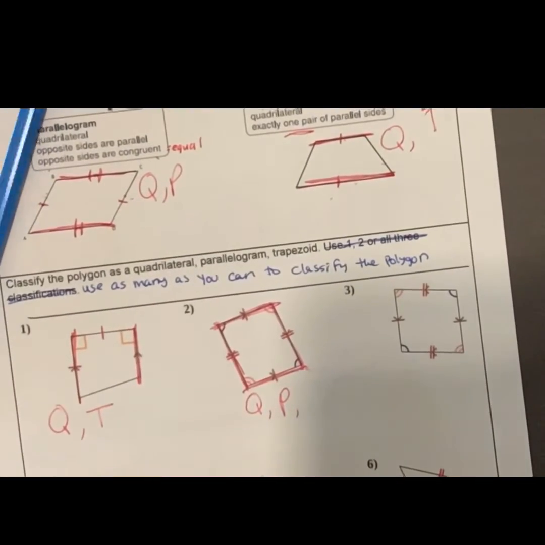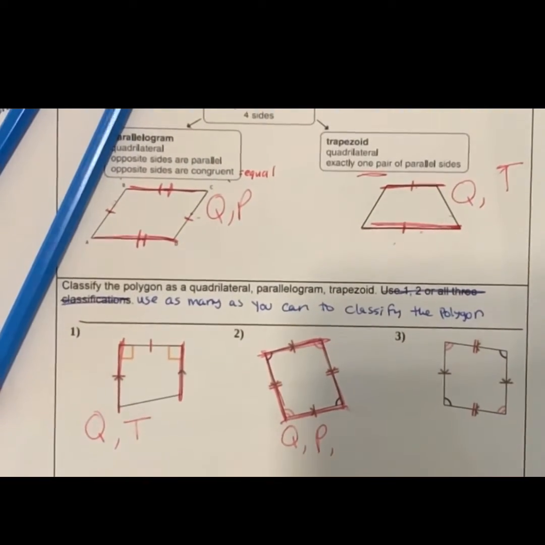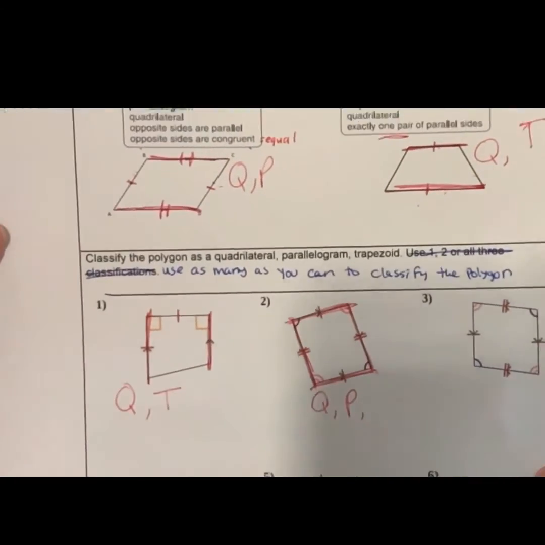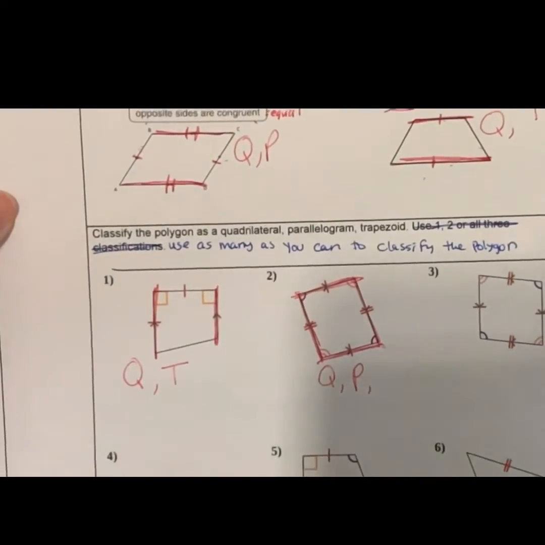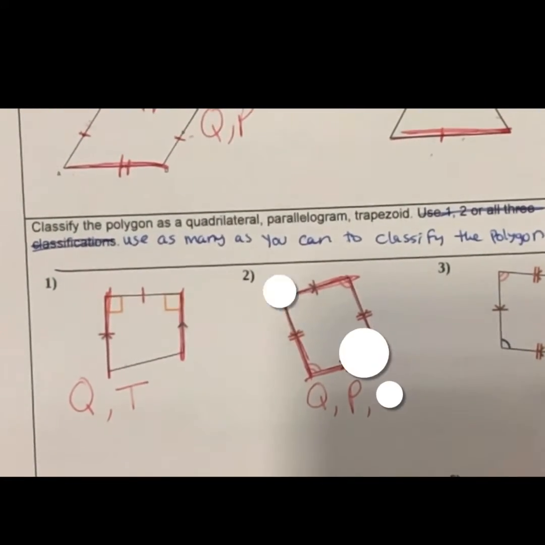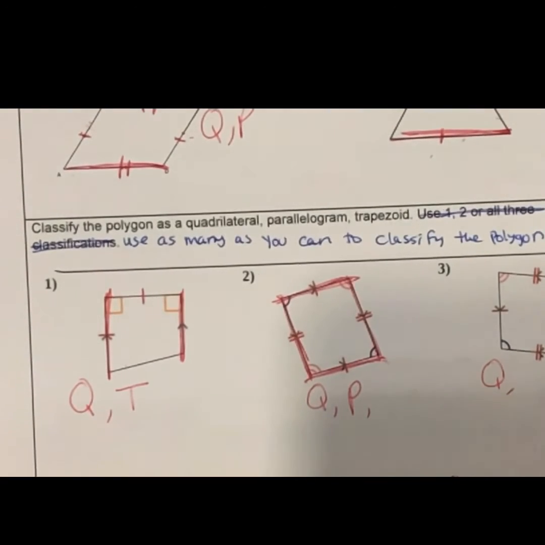All right, let's look at the next one. Let me zoom in a little bit. Hold on. All right, let's look at this one. Let's see, is it a quadrilateral? 1, 2, 3, 4, yes. Is it a parallelogram, are opposite sides parallel where they'll never touch? Yes. Here's one side. Are these parallel?